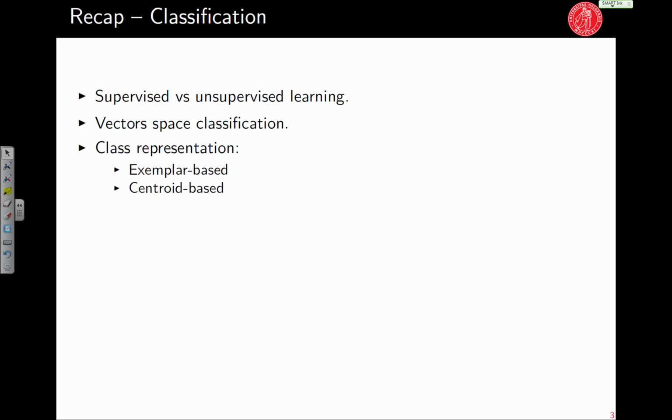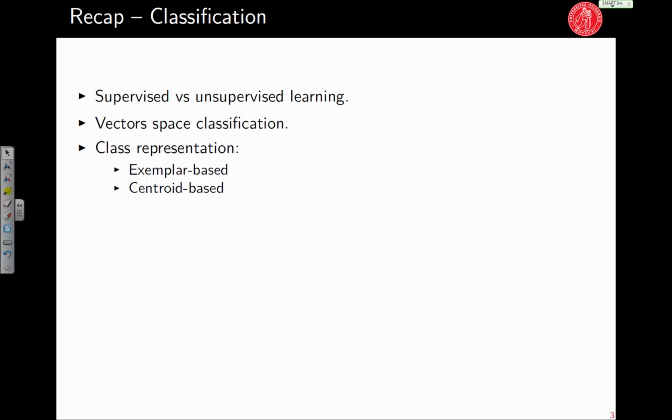And we briefly discussed also two main approaches to represent classes. So there was exemplar-based class representation, and an example of that was KNN, where each member of the class is a potential representative of the class itself. So there is no abstraction.